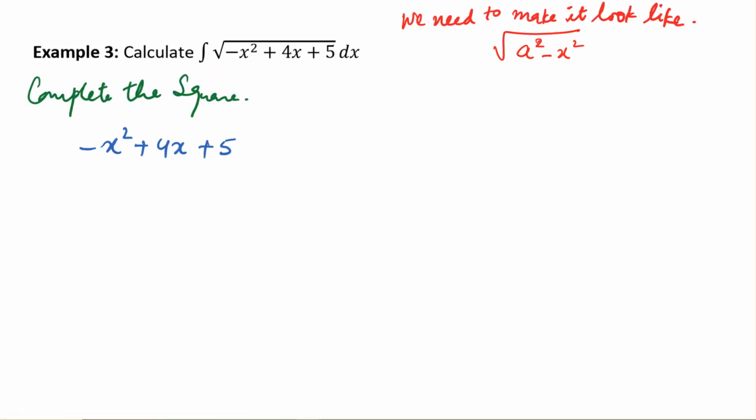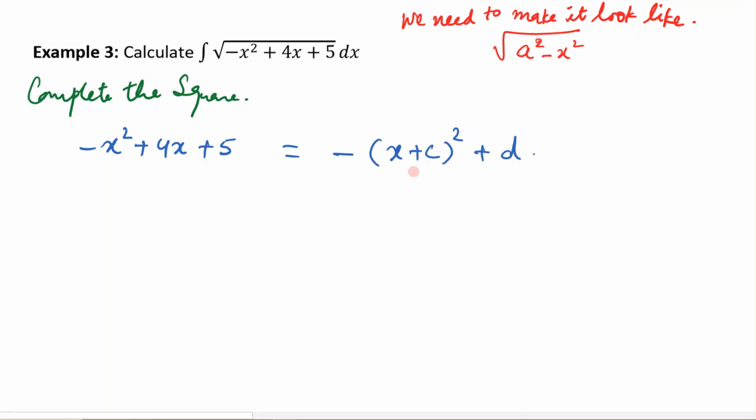So in order to complete the square, this should look something like negative x plus some number, whole squared, plus d. I'm not using a and b here because we already have a here, so that we don't mix it with this a. So I'm using c and d as my numbers.